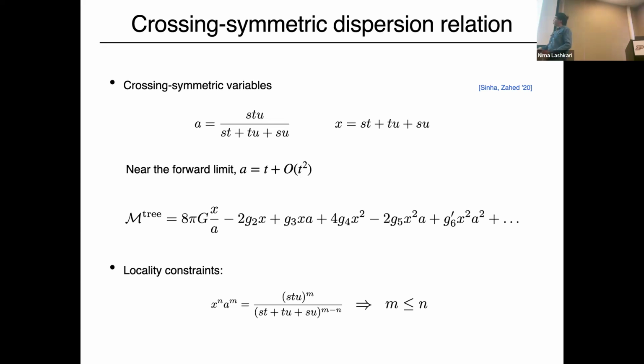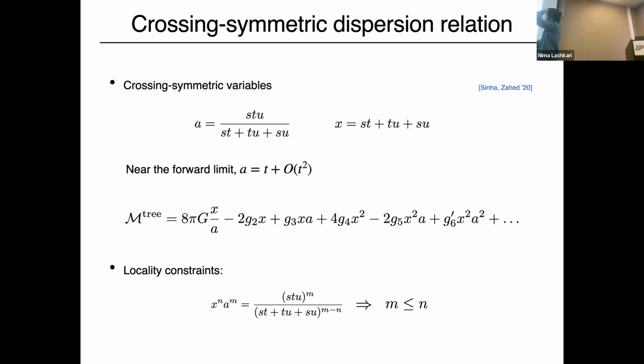The idea of the crossing-symmetric dispersion relation is that your amplitude has to be crossing-symmetric. And so instead of writing your amplitude in terms of the usual Mandelstam, you can just write it in terms of some manifestly crossing-symmetric variables. The variables are defined as, so I'm calling them x and a. They are, as you can see, manifestly crossing symmetric.